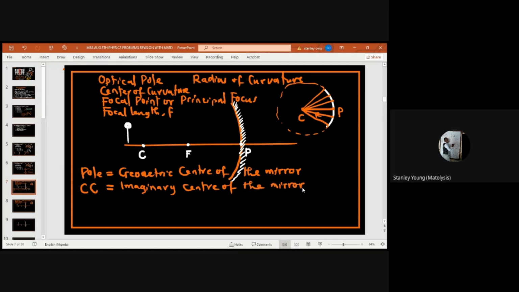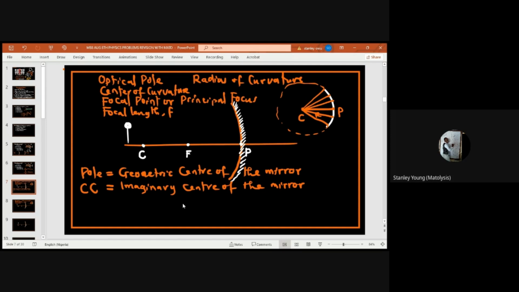If the question says define center of curvature of a convex mirror or of a concave mirror, or of a convex lens or concave lens, you need to be more specific when you are defining.